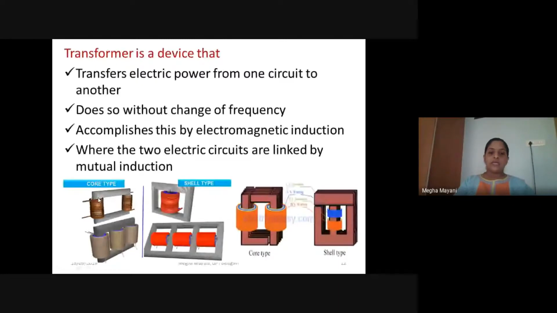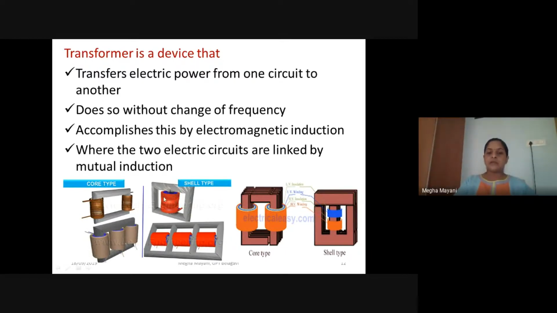Whereas look at the other figure, it is an example of core type only because each leg of the core is connected with a different winding. Hence, you have this three-phase transformer. And whereas in shell type, you can see the difference.